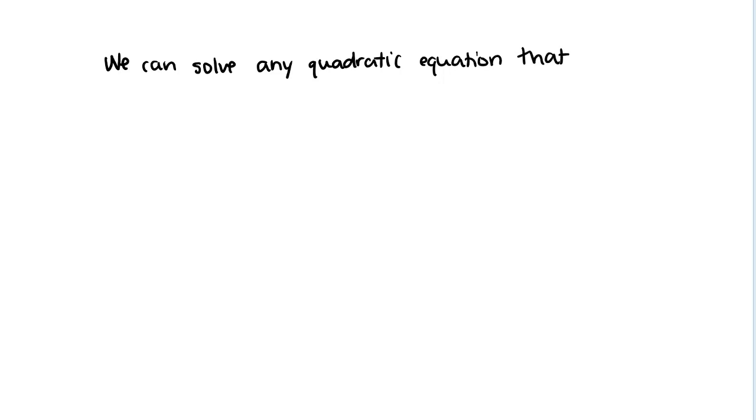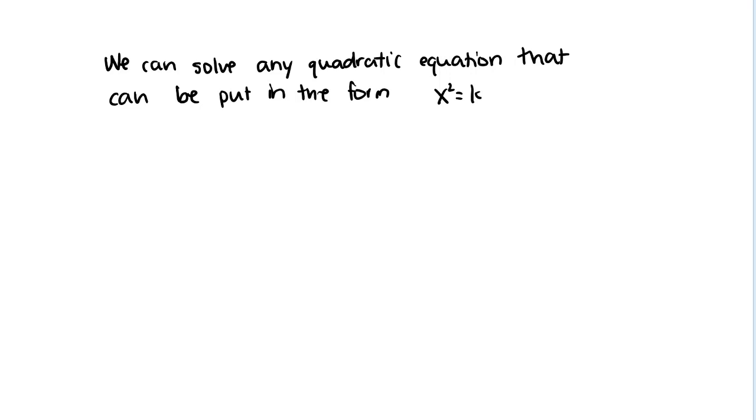So with all this information, what types of quadratic equations can we solve now? Well, we can solve any quadratic equation that can be put in the form x squared is equal to k.